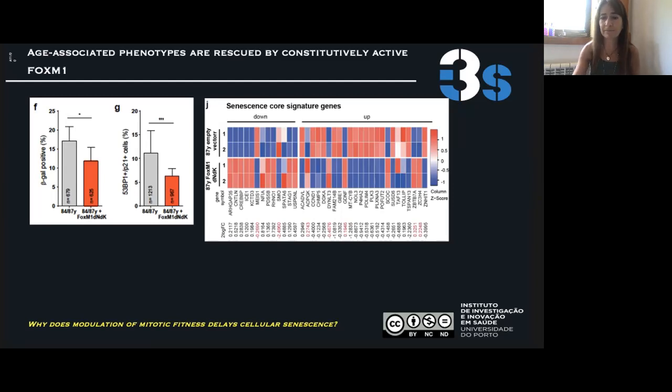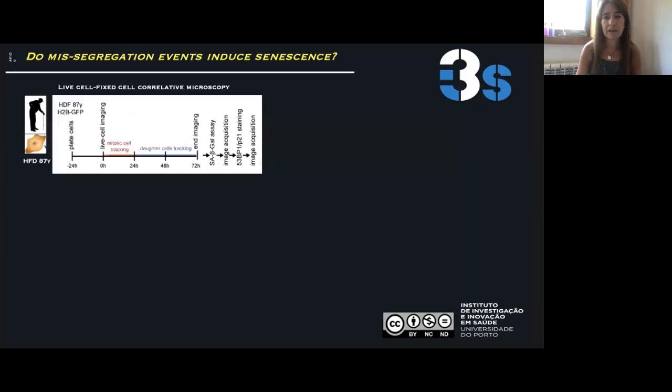and delays cell senescence. To directly demonstrate that chromosome segregation acts as the ultimate trigger to the establishment of a full senescent state, we performed the experimental layout shown here. Octogenarian fibroblasts expressing H2B GFP were followed under long-term time-lapse microscopy.